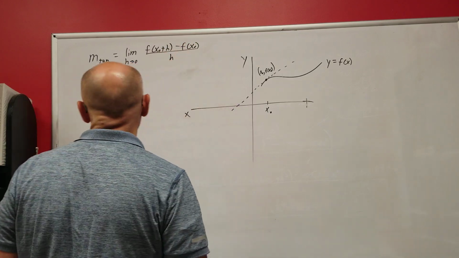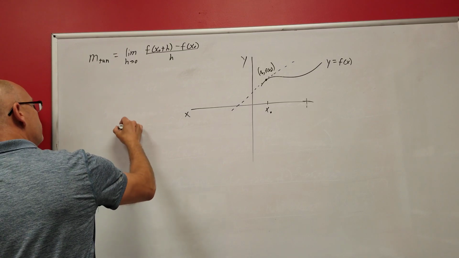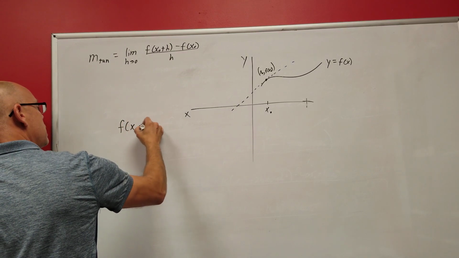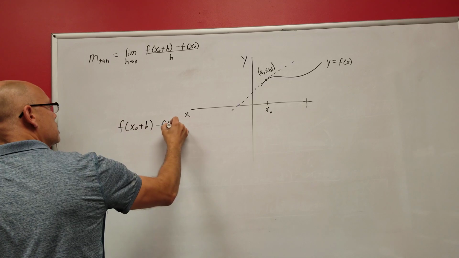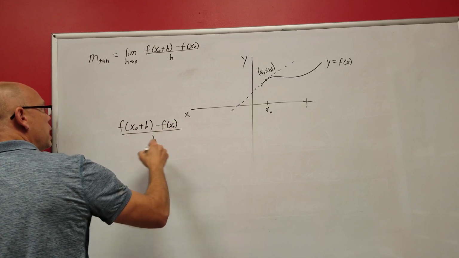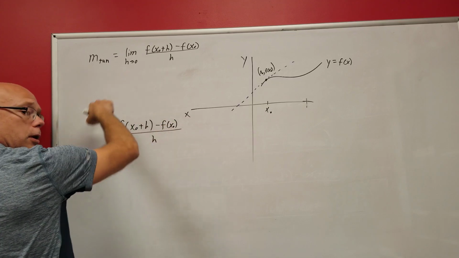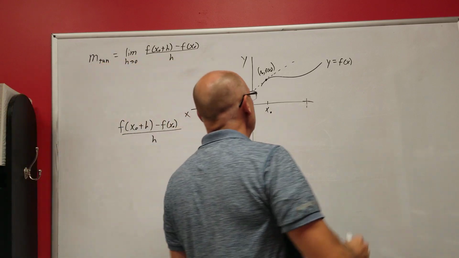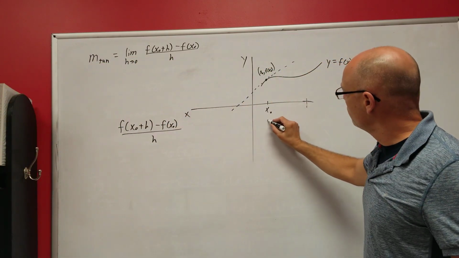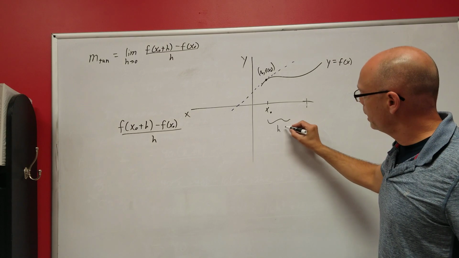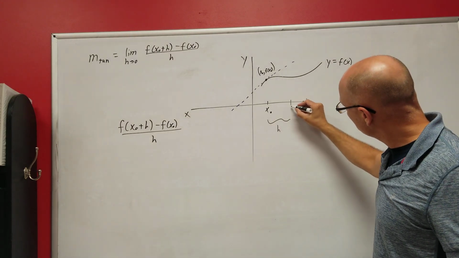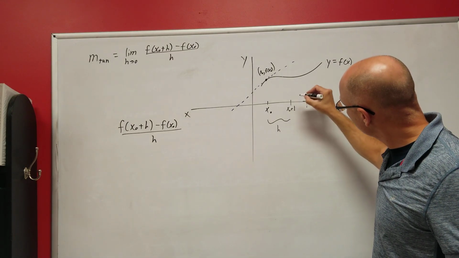But we looked at something else. We looked at f at x naught plus h minus f of x naught all over h without the limit on the front of it. What did we say that was? We said, what if we move h units over here? H units from that point right there, we call that x naught plus h.